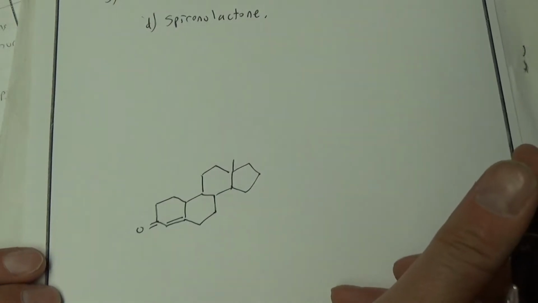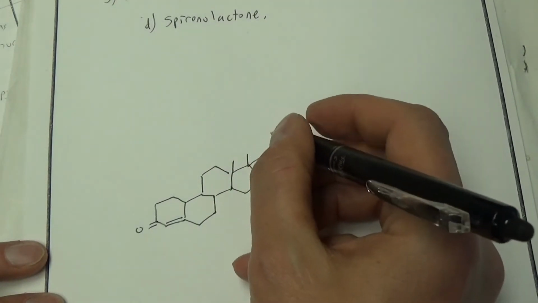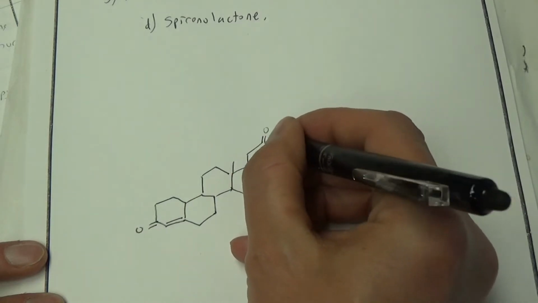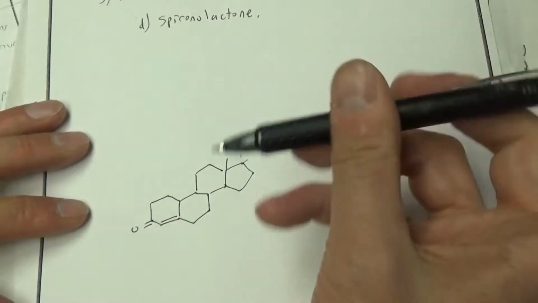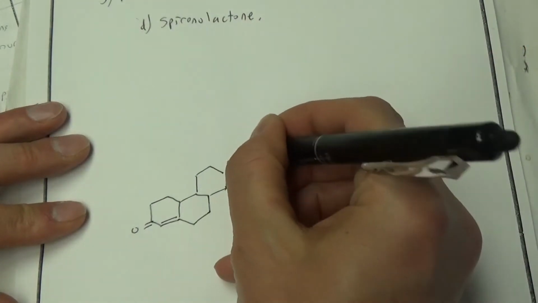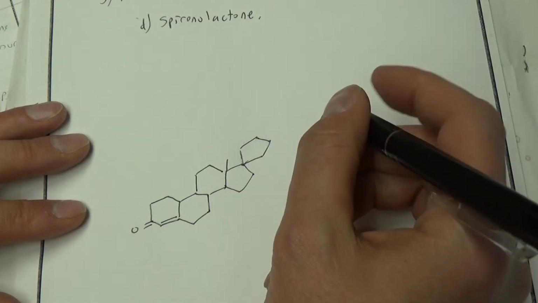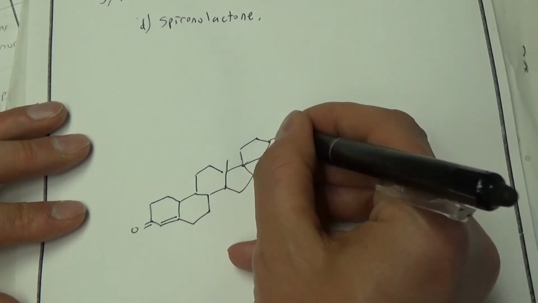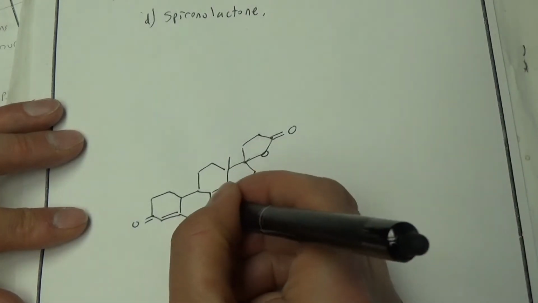I'm ignoring stereochemistry here, just to make this simple. We've got this little cyclic ester up here, a 5-member ring, with the oxygen, and there we go. Alright, cool. And we've got a little sulfur here.